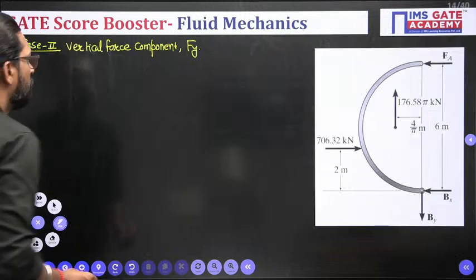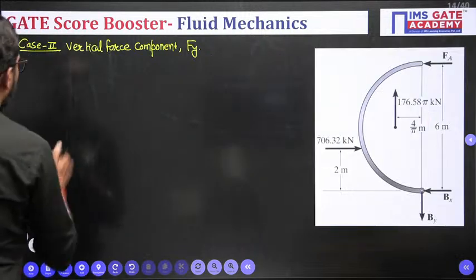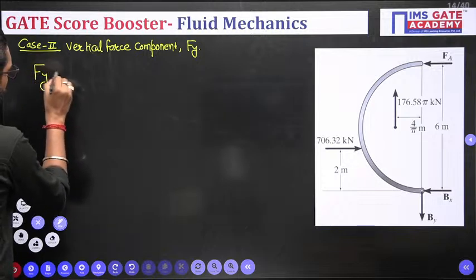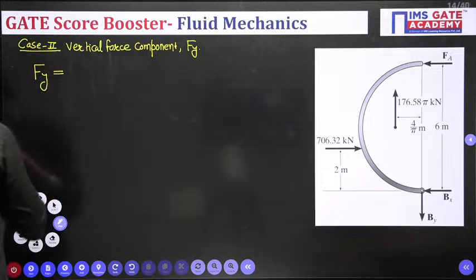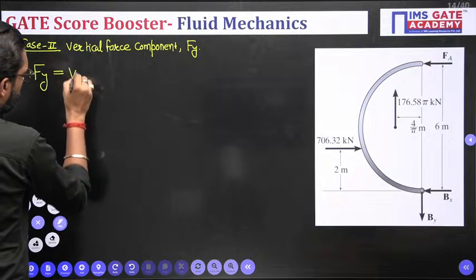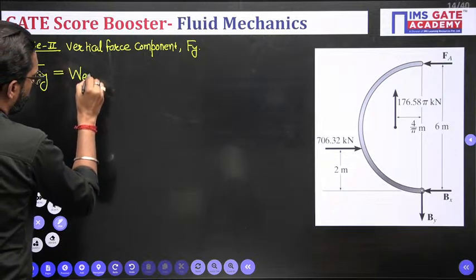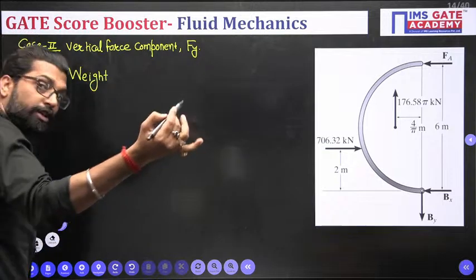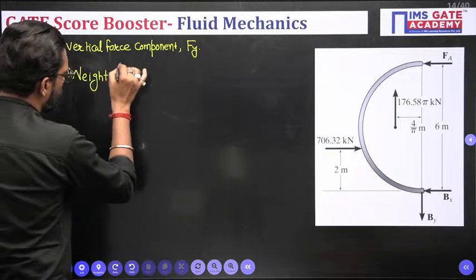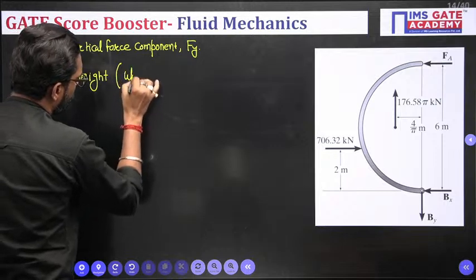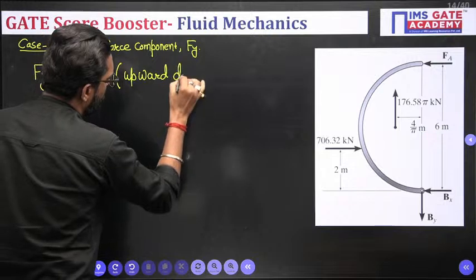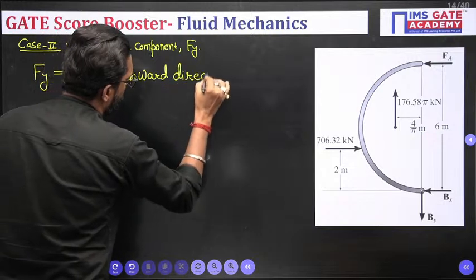So the vertical force Fy is your weight, and it is displacing fluid, so this is in the upward direction. Why?